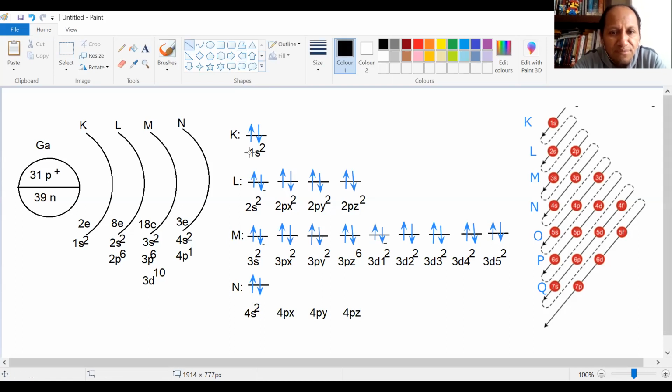So you draw this way, 1, 2, and 3 lines. And the P I have, how many electrons does it say to fill? It only says 1 electron, so you just draw 1 arrow pointing to the upper part.